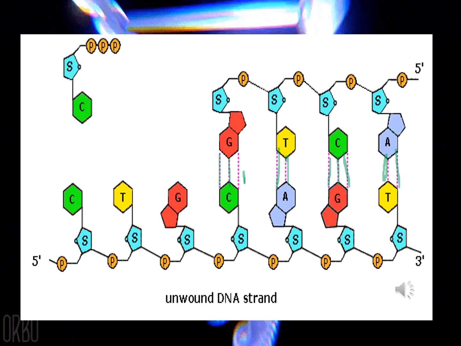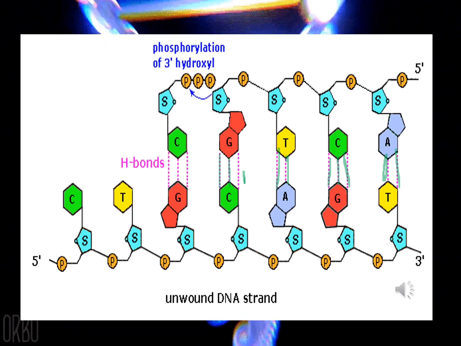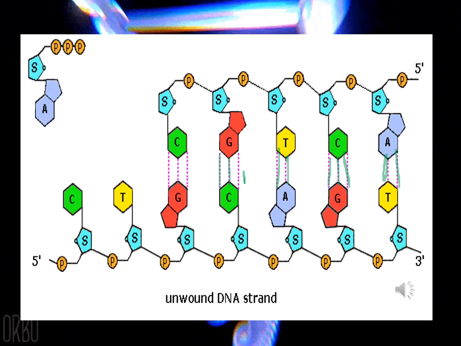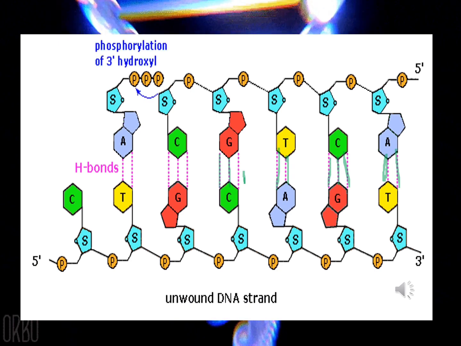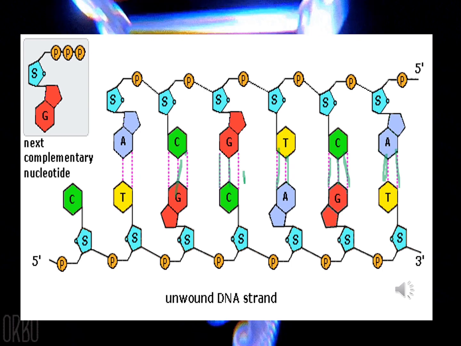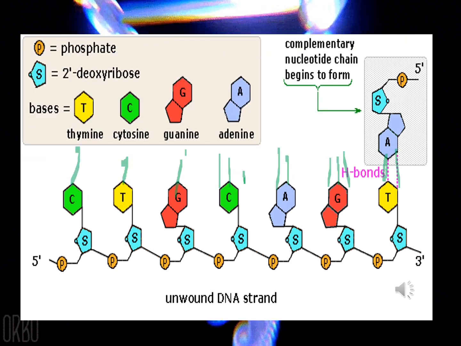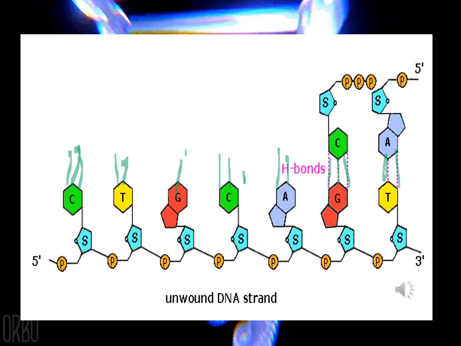all the rest are connected, the sugar and phosphate. 2 phosphates are gone, and 1 phosphate is connected to the previous nucleotide. Then C with G with C, 3 hydrogen bonds, T with A, and C with G again, 3 hydrogen bonds here. And this one 2 hydrogen bonds.